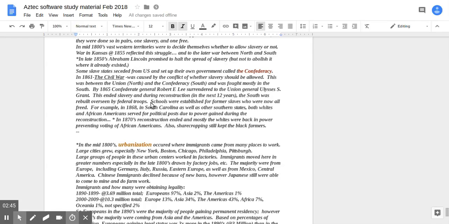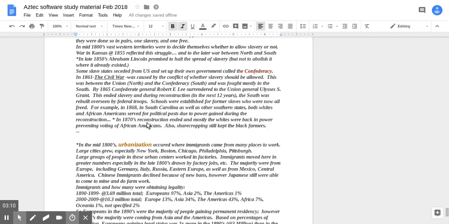Schools were established for former slaves who were now all freed. For example, in 1868 in South Carolina, as well as other southern states, both whites and African Americans served in political posts due to power gained during Reconstruction.